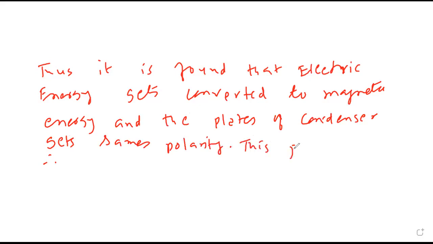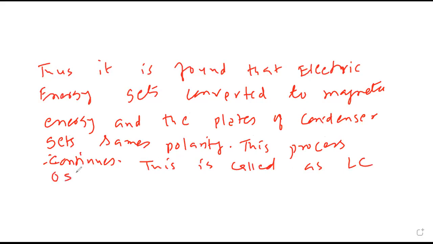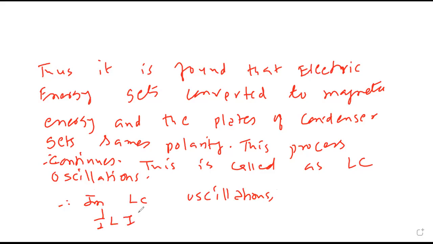This process continues. This is called LC oscillations. Therefore, in LC oscillations, half L I square equals half C V square. Okay.